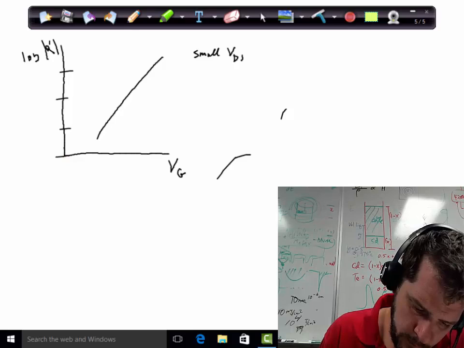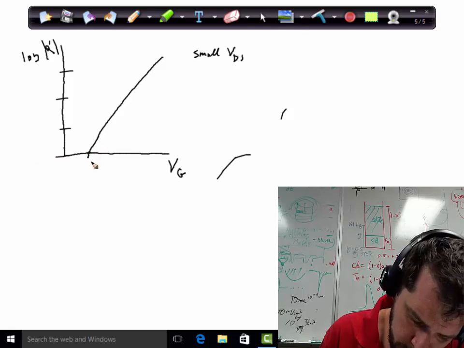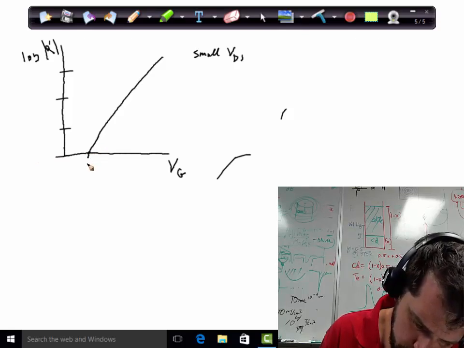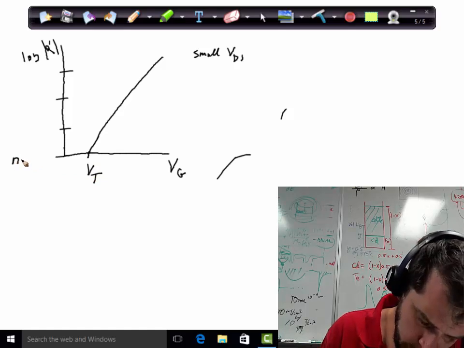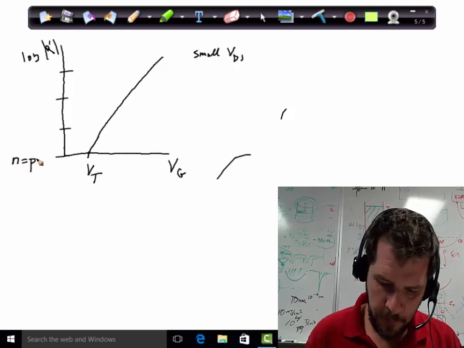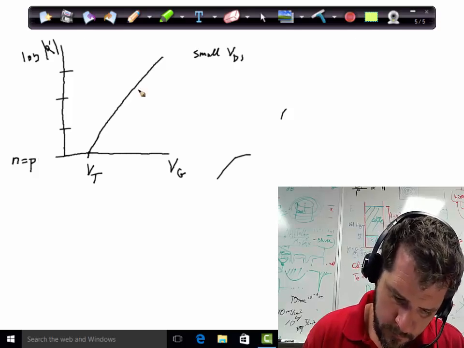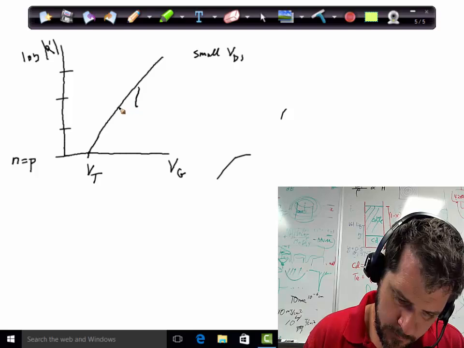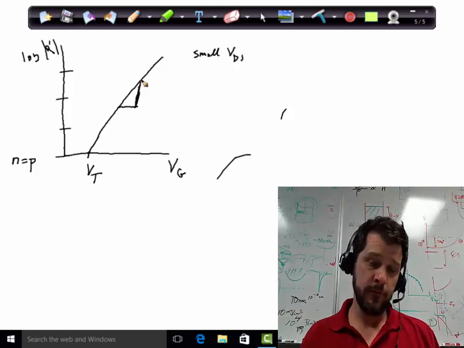So let's say this is the point where it turns on, at threshold, and we're going to say that the number of electrons here equals the number of holes, and so it turns into the inverted state. The slope of this curve here is something that's important to note.